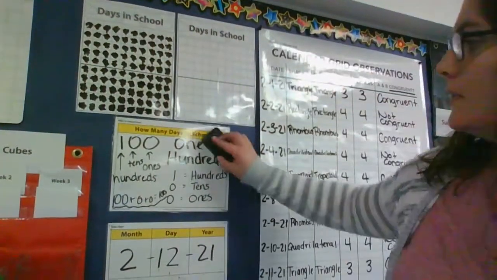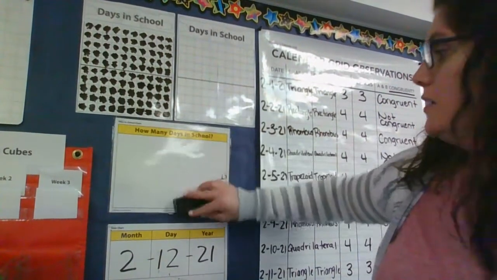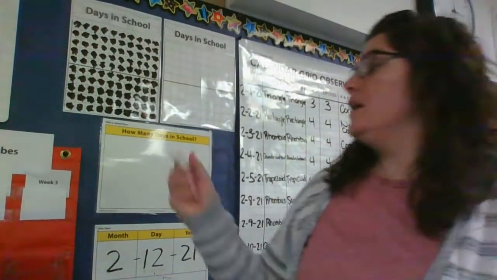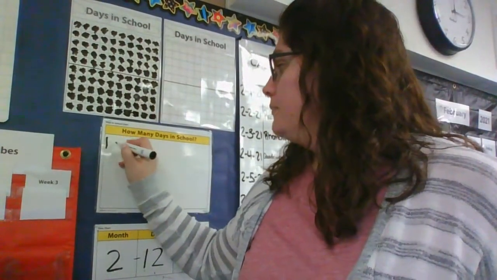So let's update our days in school chart. Okay. As we saw yesterday, Mrs. Sae-Wong has to write a little bit smaller. I have a tendency to write really big. So when we are writing the number 101, we have a 1, 0, 1.